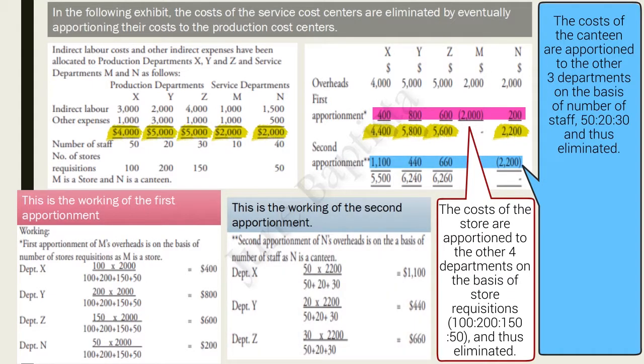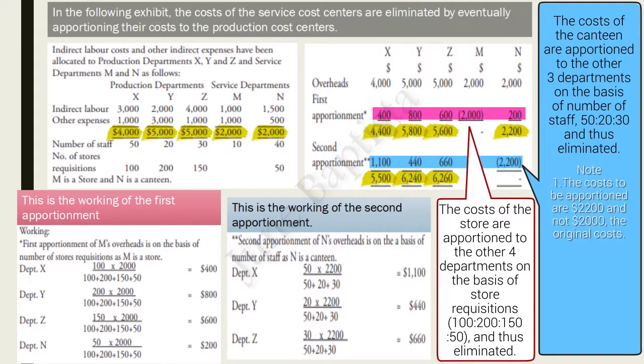Look at the second working box with the blue banner to see the workings of the second apportionment. We now get a total of $5,500 for production department X after the second apportionment, $6,240 for production department Y, and $6,260 for production department Z.